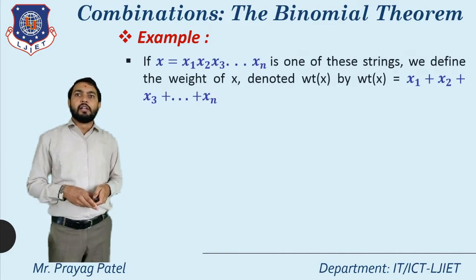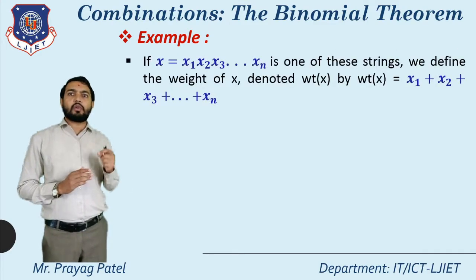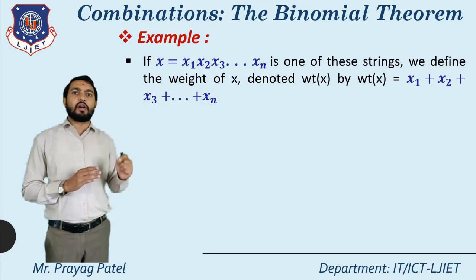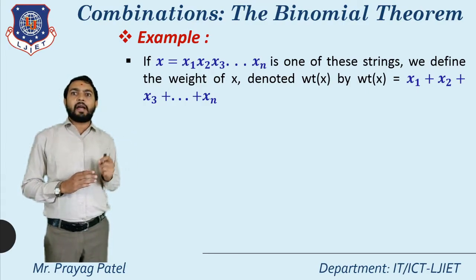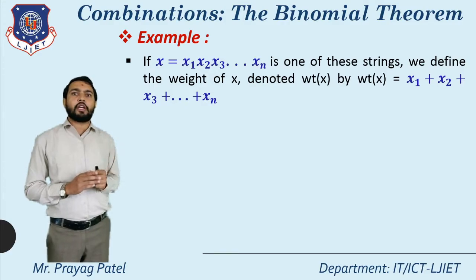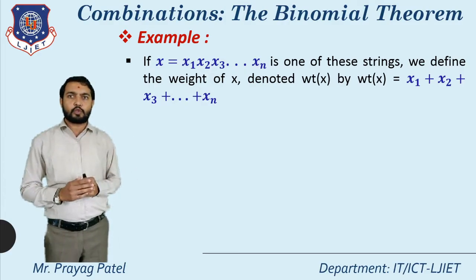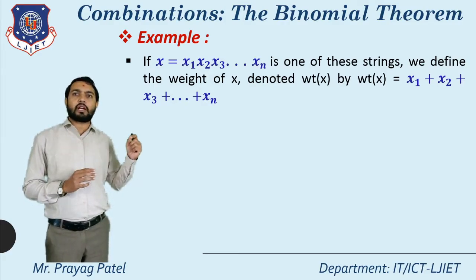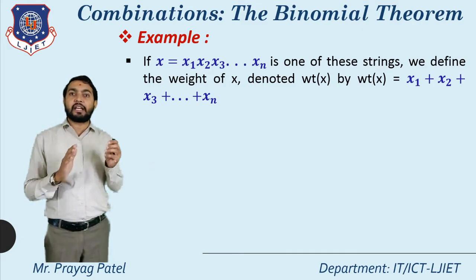Now after that, if x equals x1, x2, x3 up to xn is one such string, we define the weight of x, denoted by wt(x). Here x equals x1, x2, x3 up to xn, the elements available in a string.